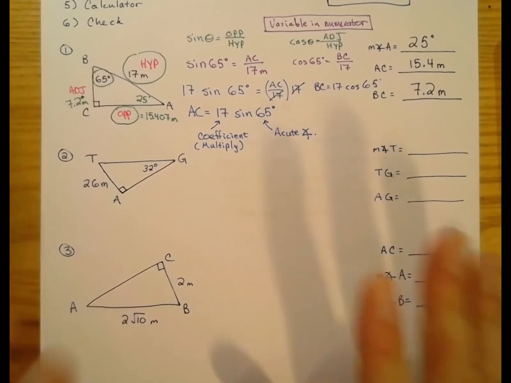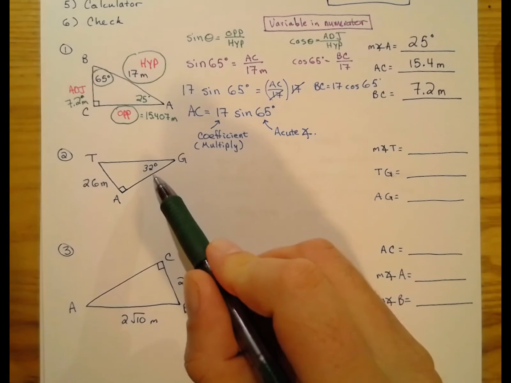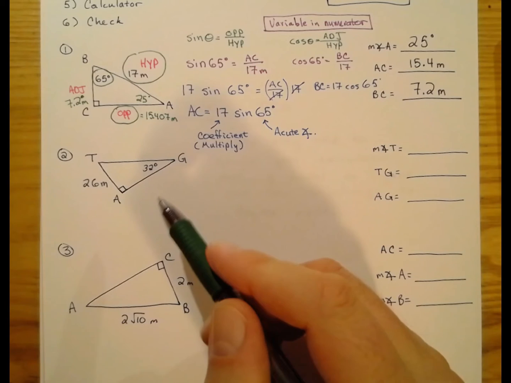All right, so most of the steps of this process are pretty much exactly the same, so I'm going to go a little bit faster through the rest of this. The only difference really is in step 4, the algebra. So steps 1 through 3 are exactly the same.